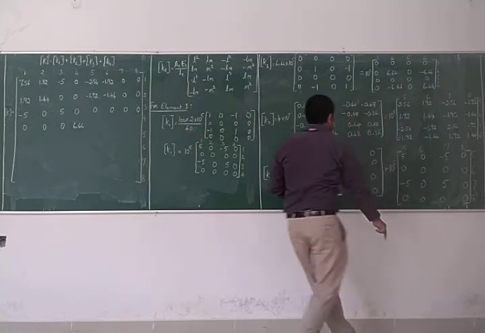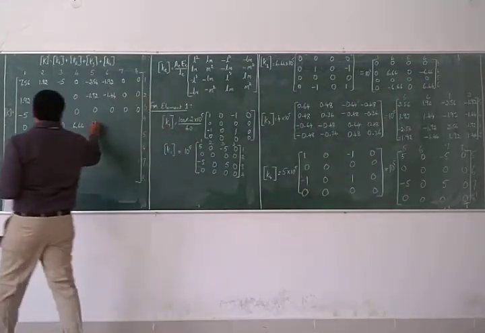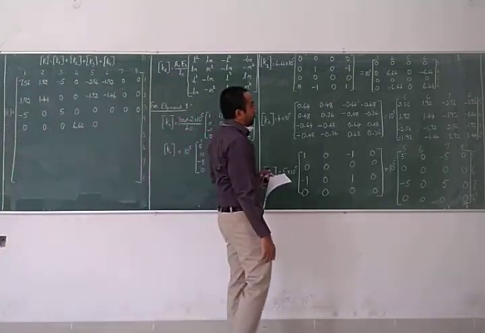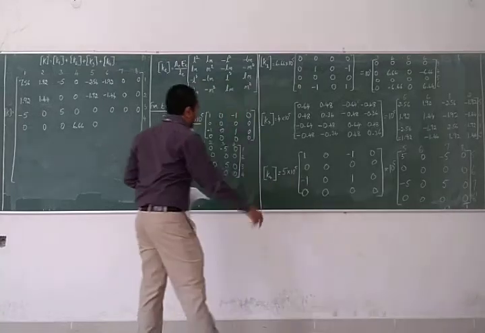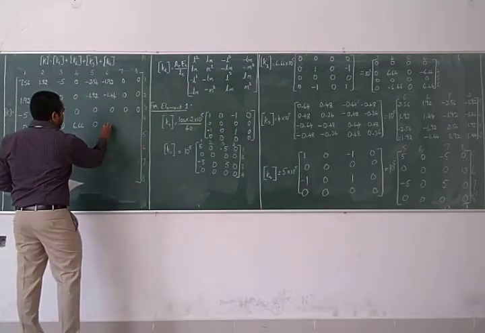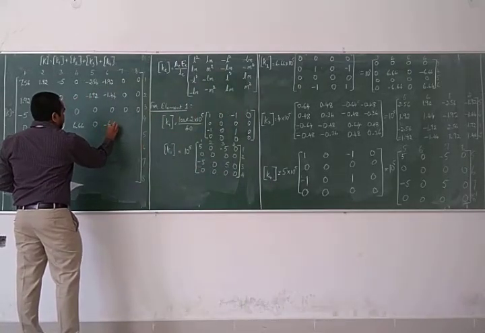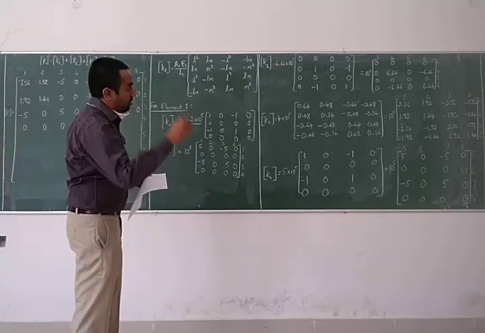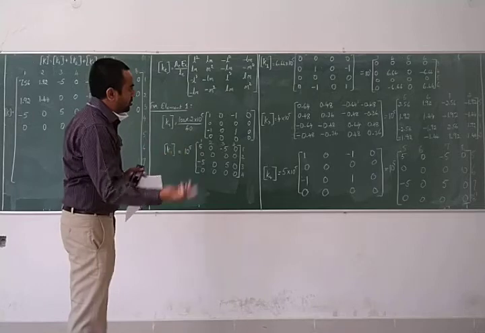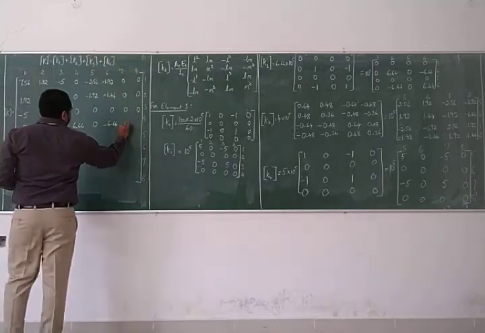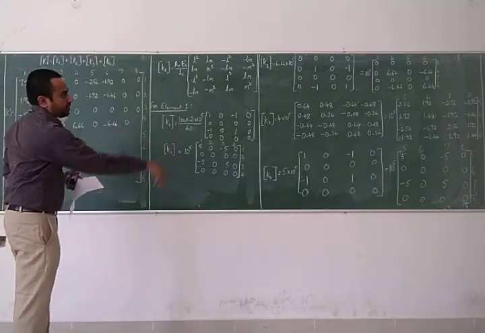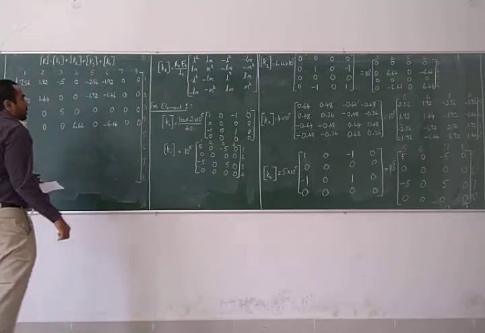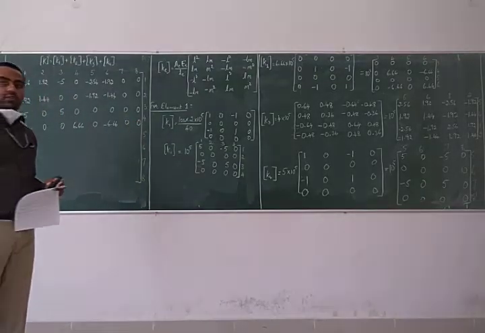There is no other term present, so it is again 0. Sixth column, no other term, so this is minus 6.66. Seventh column, fourth row is 0. There is no term present. Similarly, eighth column, fourth row is 0. This completes the fourth row.